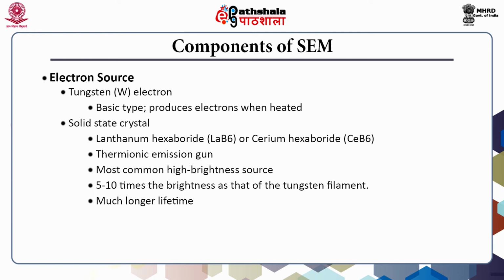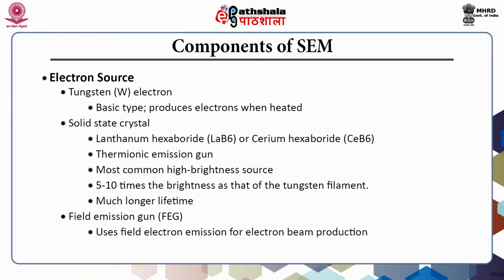The third source of electrons is the field emission gun. As the name suggests, this source uses field electron emission for production of the electron beam. The small tip radius of the field emission gun provides improved emission and focusing ability.